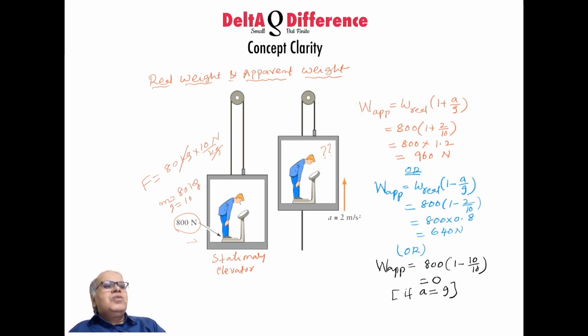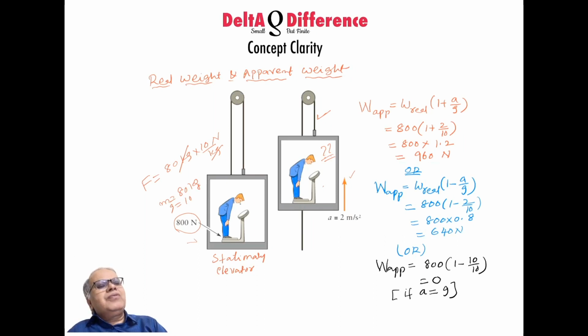But now when this person is accelerating like this, he reads a different weight. On the weighing machine, he'll read different weights. For example, if this lift is going up with an acceleration of 2 meters per second square, how does this lift go with that acceleration? Probably the tension in the cable and the weight of the lift plus person together may be producing an acceleration of 2 meters per second square upwards.